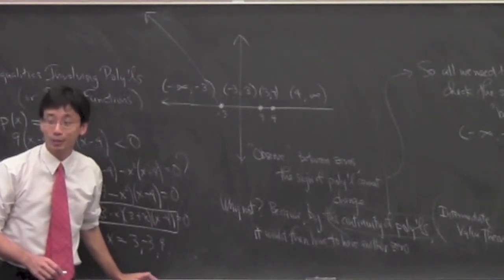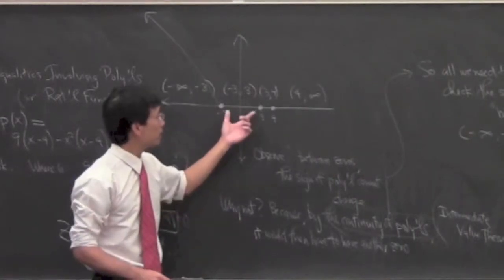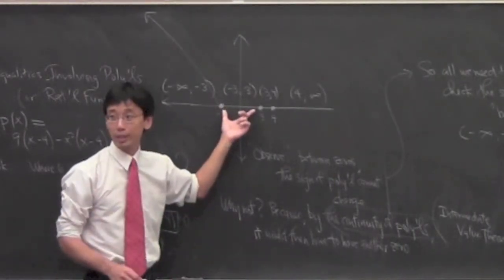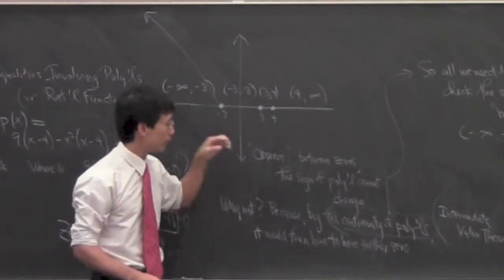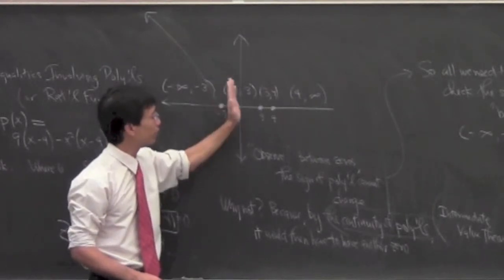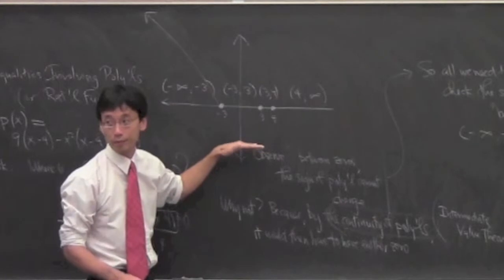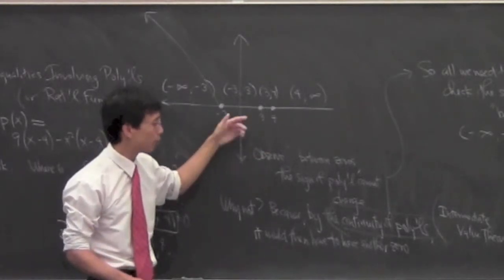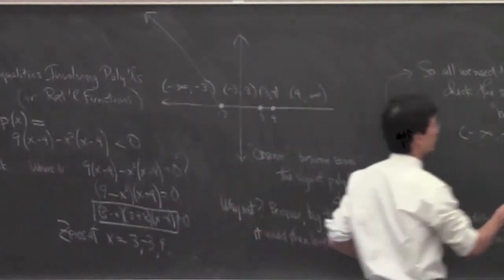Can you just explain that? Sure. Let me do a simpler one first, actually. Okay, so let's say I'm going to check between negative 3 and 3. The rule is that between the zeros, the sign doesn't change. So the sign of every point is the same. It's either going to be all positive or all negative. So all we have to do is check one point.